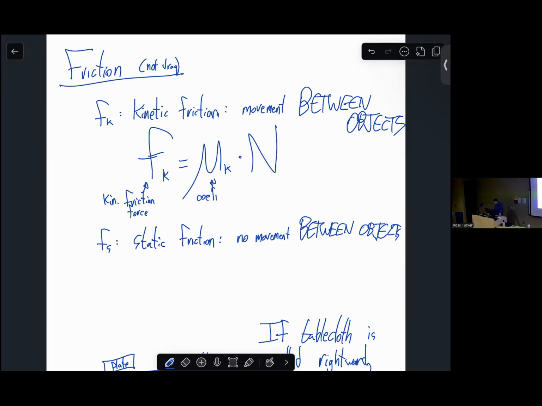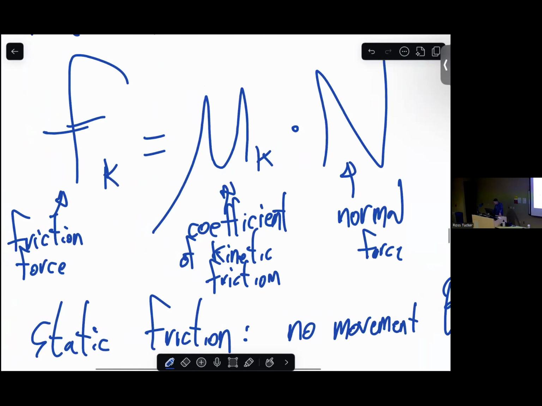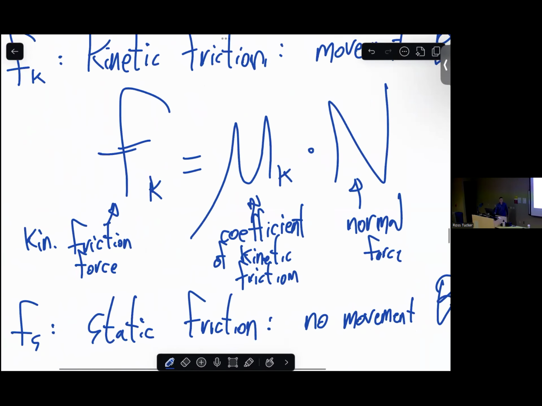This is called the coefficient of kinetic friction. And this is the normal force that the same object is exerting on whatever is getting the friction. Kinetic friction's easy, equation-wise.